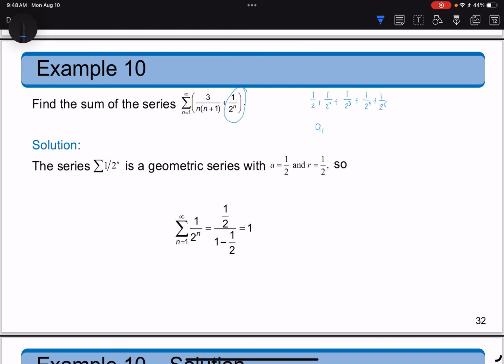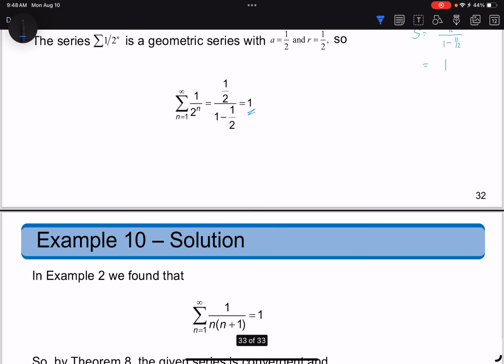So the first term is 1/2 and the common ratio is 1/2. The sum is a over 1 minus r, so 1/2 over 1 minus 1/2, which is basically 1.